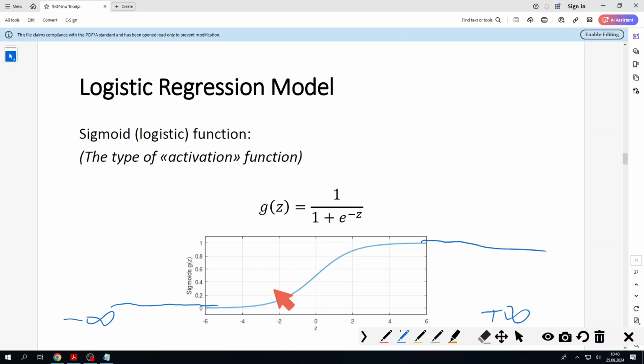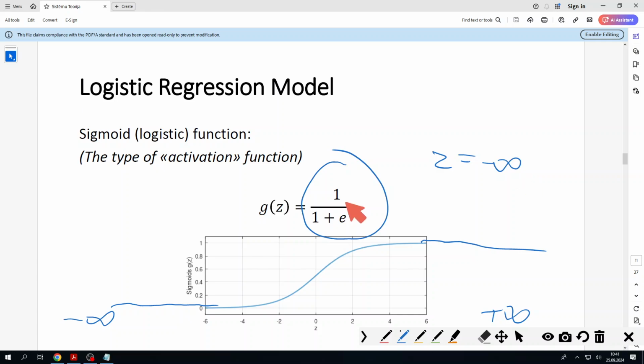And of course, this is the actual mathematical formula of this sigmoid function, which is easy to verify. If you put z equal to minus infinity, then you get e to the power of plus infinity, which is infinity, and you divide 1 by infinity, so you are approaching the limit of 0 at minus infinity.